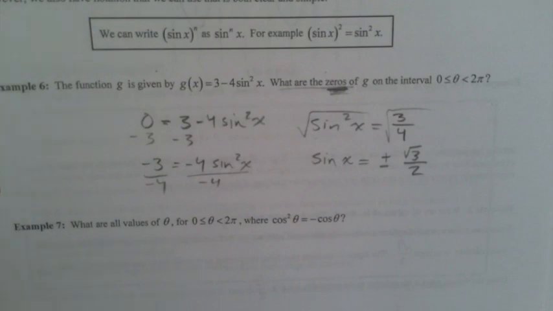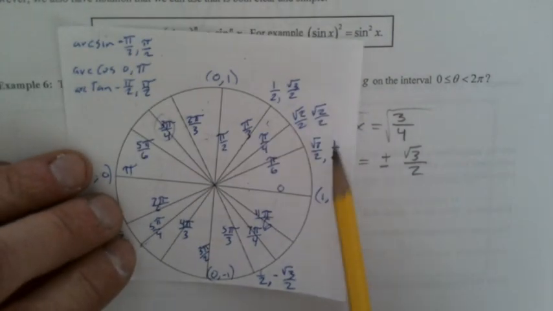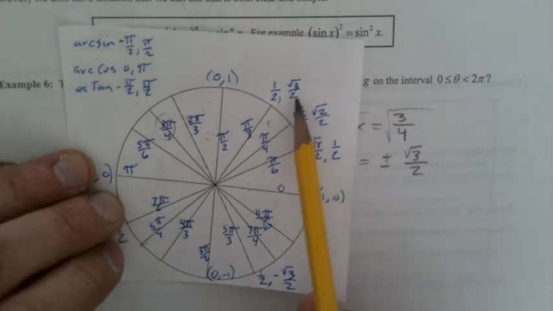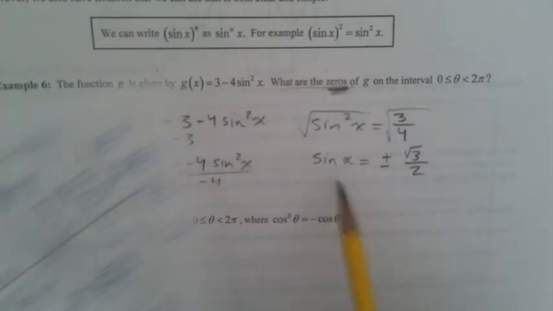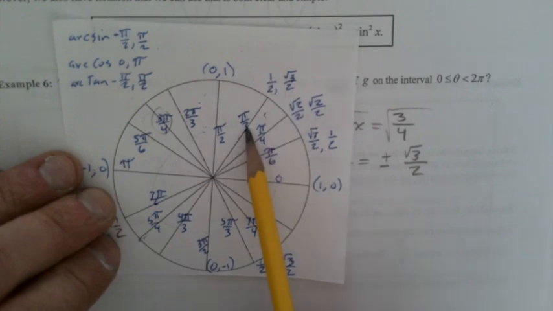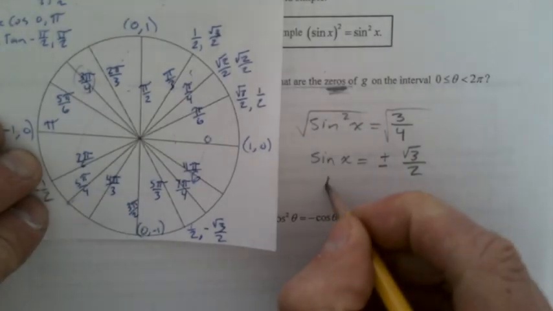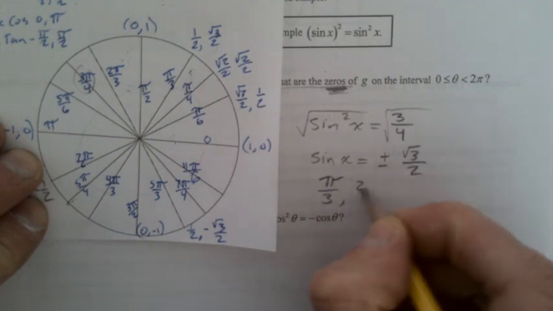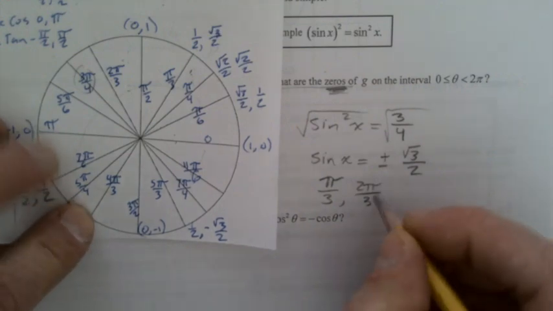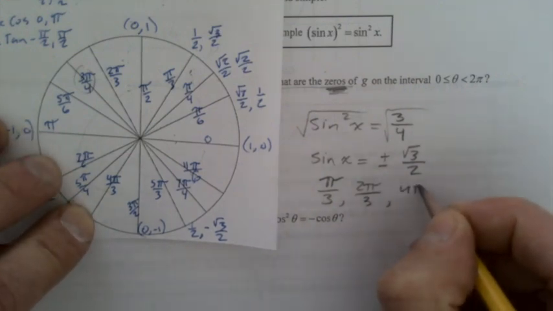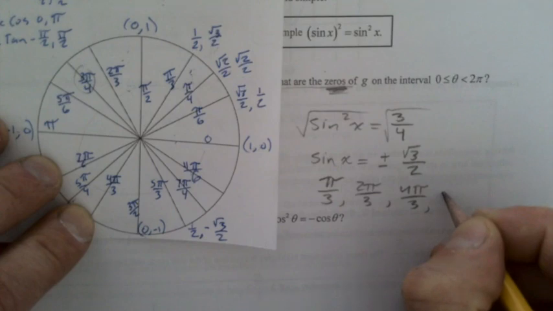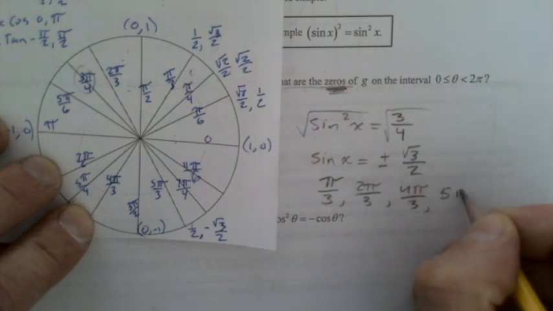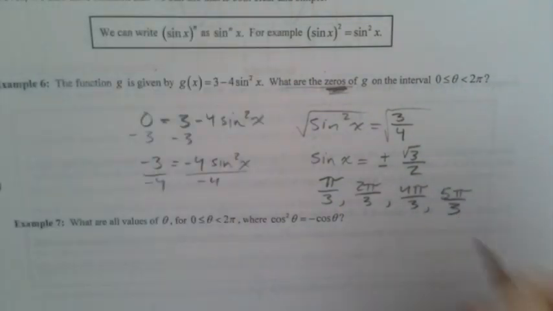Going to your unit circle, you should recognize that that's going to happen 4 times. That'll happen at pi over 3, 2 pi over 3, then again down here at 4 pi over 3, and then again at 5 pi over 3.